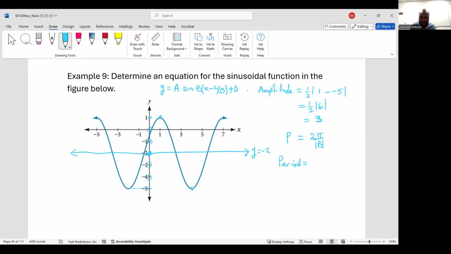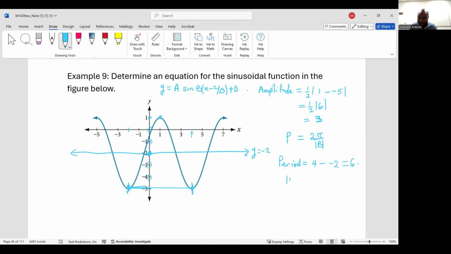In this case, I will just consider these two lowest points. What is the distance between the two? Here seems to be 4, minus, and this place seems to be -2. So 4 minus -2, and the answer is 6. So the period is 6.